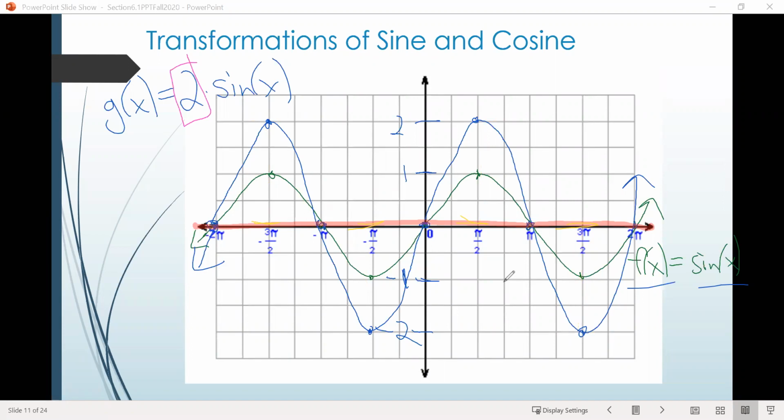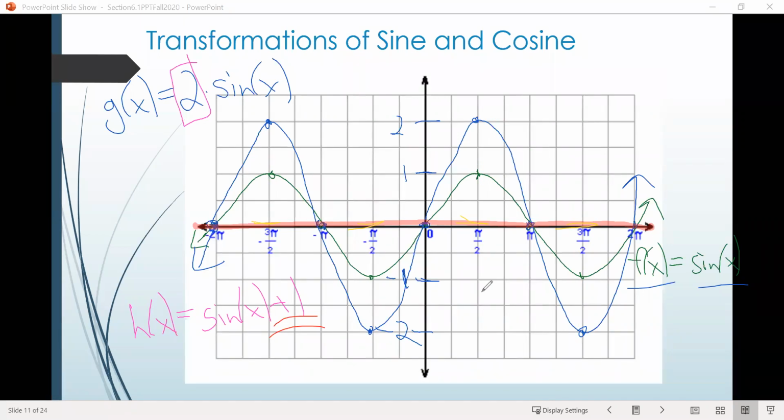Let's look now at what would happen if we had a function, and I'm going to call this one h of x, where the formula for h of x was sine of x plus 1. So I'm just going to add a 1 there on the end. Well, what does that do? Again, we think back to PreCalc 1, stuff we learned there.